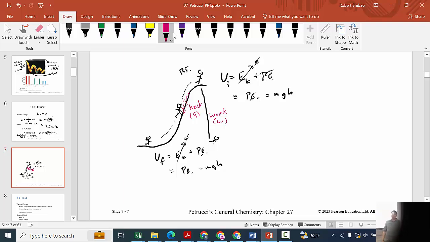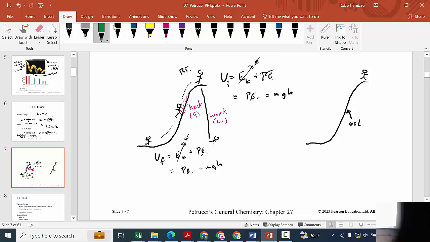There's another way to try to get more work, less heat out of this energy change, and that would be something like this. Let's say on this slide here, you lubricate the slide with oil, let's say, vegetable oil or something. The oil is used to reduce friction.